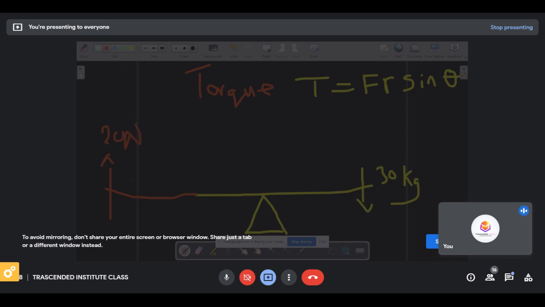Then the total length of this metal bar is, let's say, 10 meters. Then this is where the middle part is, the center of mass of this metal bar. So what is the weight? Let's say the weight of this metal bar is 10 kilograms.